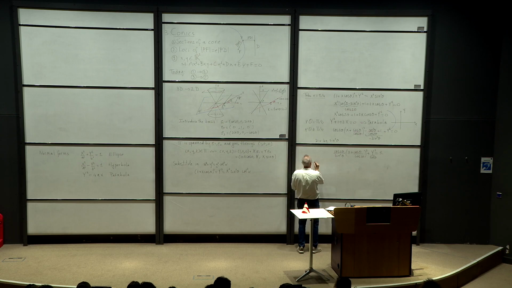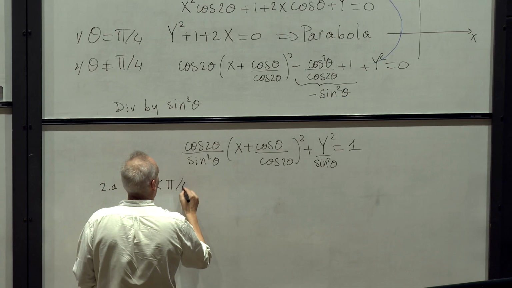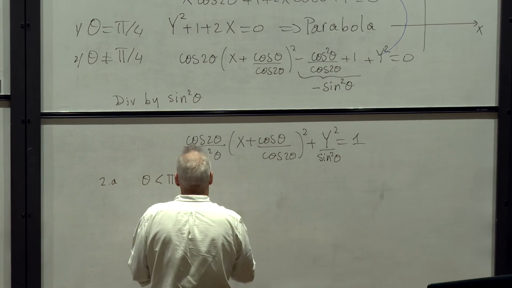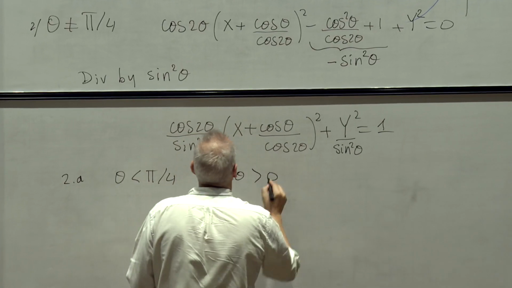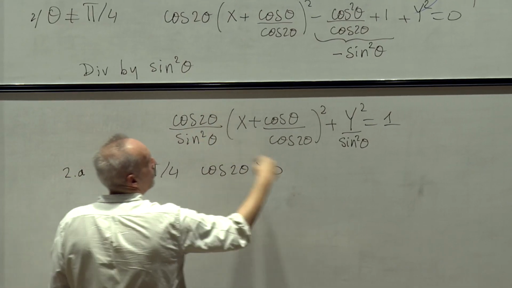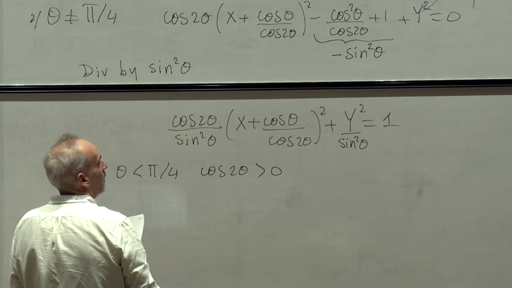So if we take theta less than pi over 4, then cos 2 theta is positive, and so these two terms are positive.